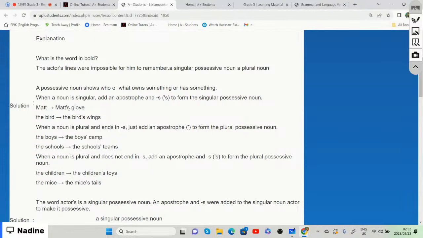The same with the bird. If we want to talk about the bird's wing, then we need to say the bird's wing. Remember, we need to put the apostrophe there.